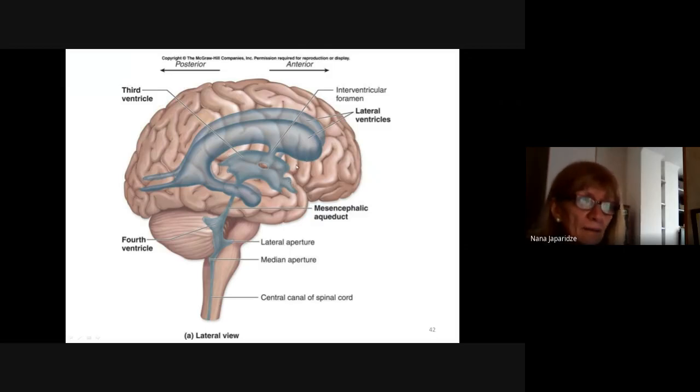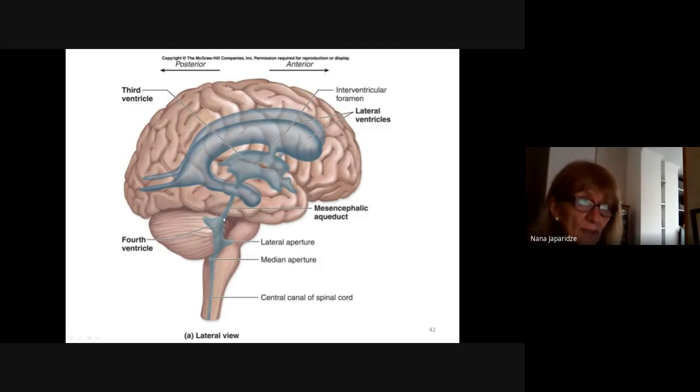In the middle, we have here the third ventricle, and the first and second lateral ventricles are connected with the third ventricle with the interventricular foramen, so they connect the lateral ventricles to each other, plus they connect them to the third ventricle. Then the third ventricle, look, this is the third ventricle, is connected to the fourth ventricle.